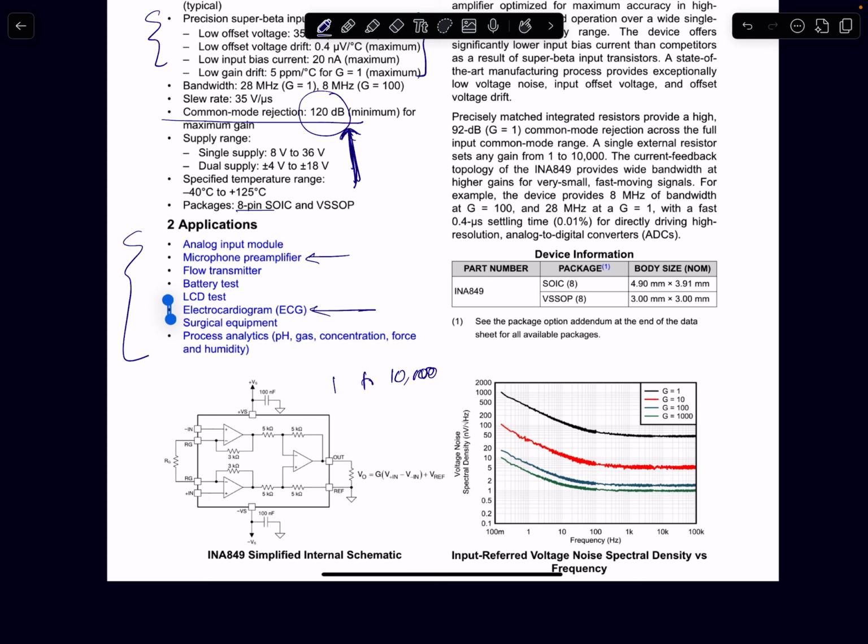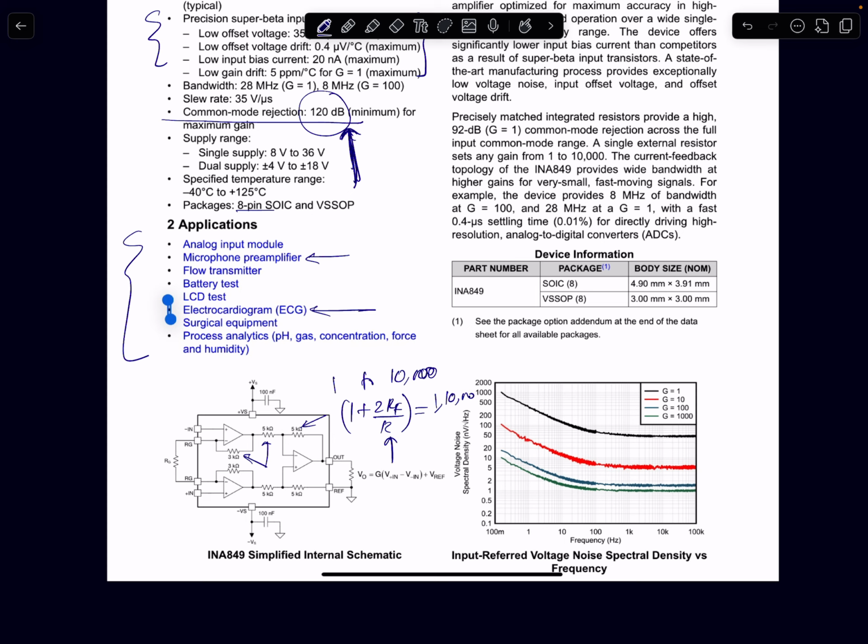The feedback resistor is 3 kilo ohms here. The second stage is fixed, you can't program its gain, and the second stage gain is just unity. The feedback and the input resistors are 5 and 5 kilo ohms, so that stage gain is just 1. The first stage gain will be 1 plus 2 RF by R. That is where you do all the programming for the gain. This can go from 1 to 10,000. That depends on how you choose your values of R.